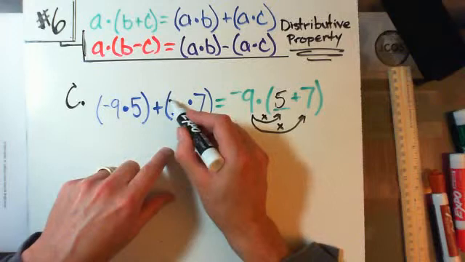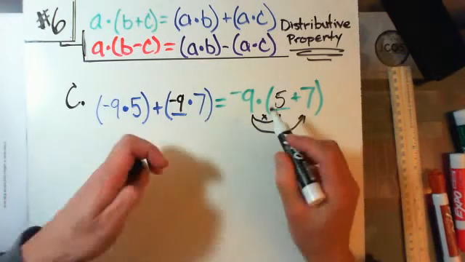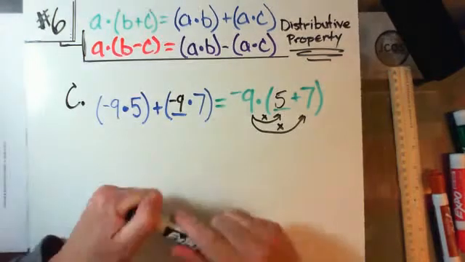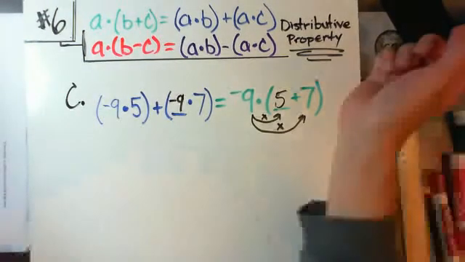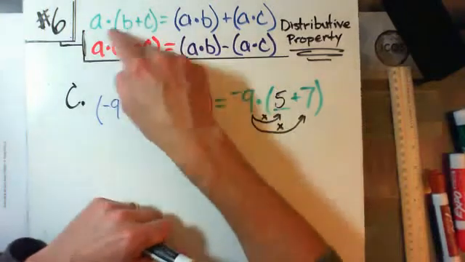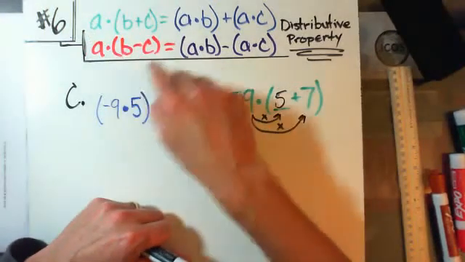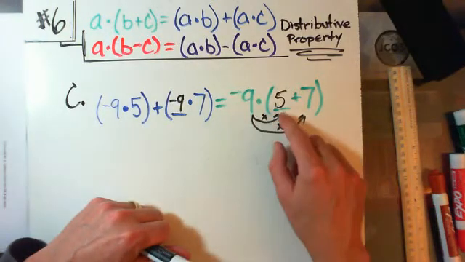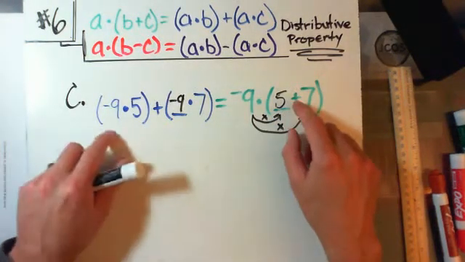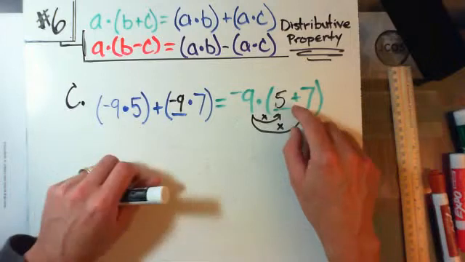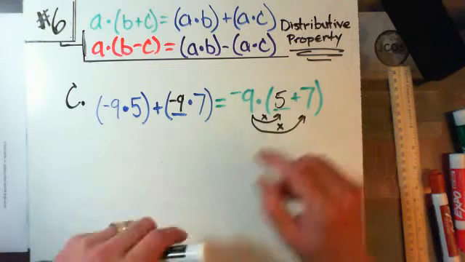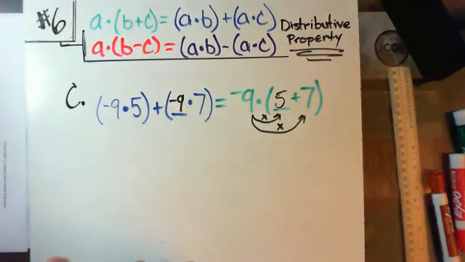It must be negative 9 times 7. That's one way to figure it out. Just remember that it's always this pattern of A times B plus A times C. Negative 9 times 5 plus negative 9 times 7. That's the distributive property.